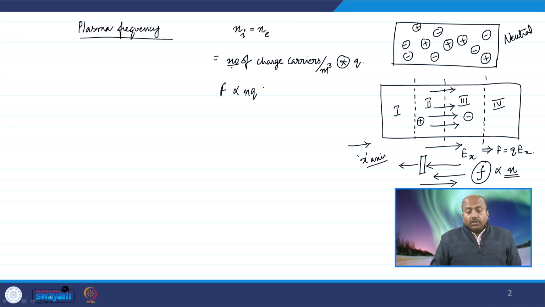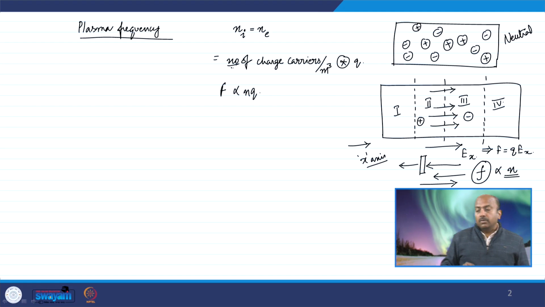Now, what is inertia? Inertia does not allow these particles to immediately come and settle into their original positions. Inertia is what makes these particles move or oscillate, and it will obviously depend on the mass. This inertia is ultimately what leads to the plasma oscillations.